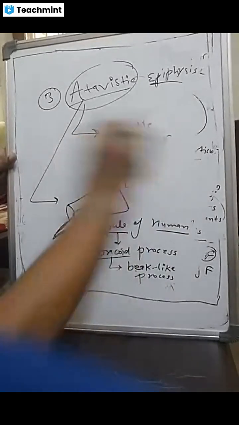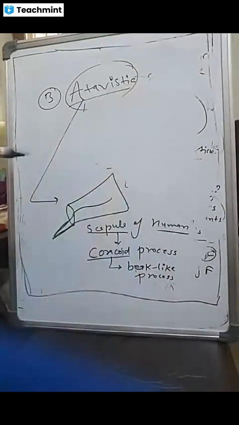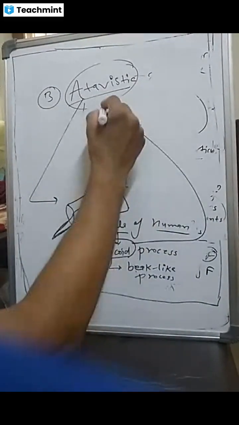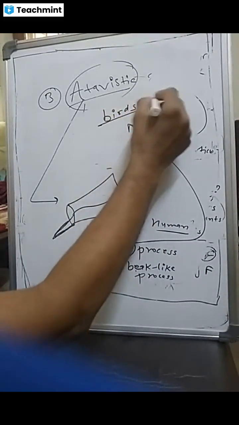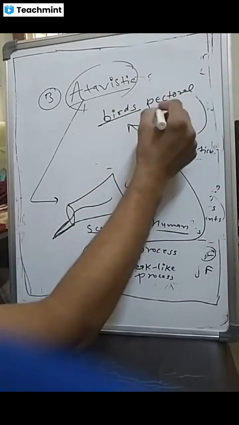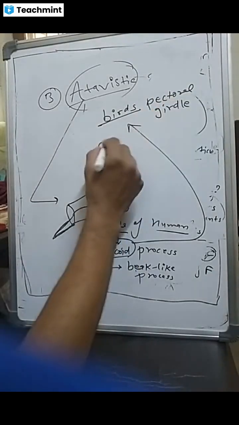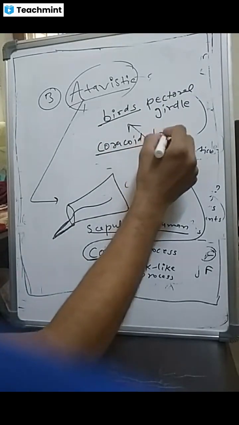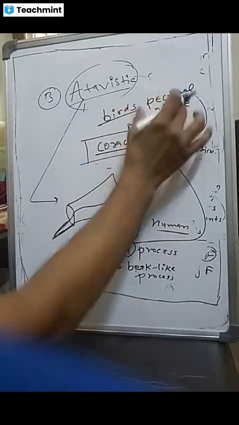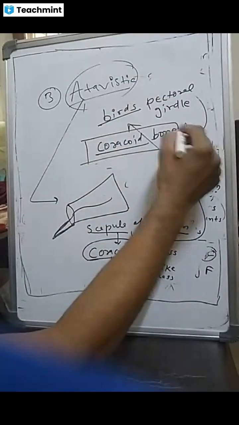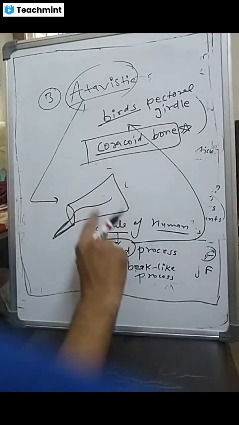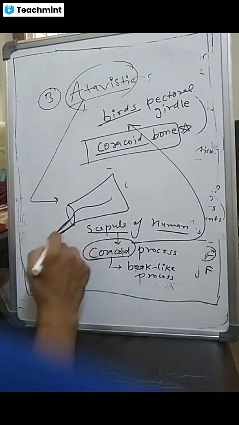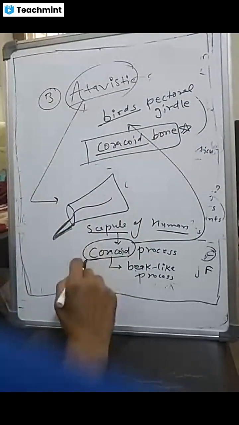But if you go to a lower class, the coracoid is not a process. If you look at a bird's pectoral girdle, it is a bone, and we call that the coracoid. So in the bird's pectoral shoulder girdle it is a bone, but in human beings this bone is represented by a small process called the coracoid process.